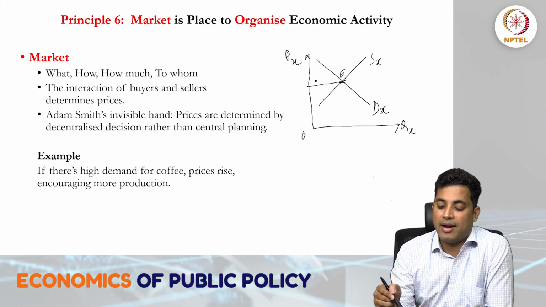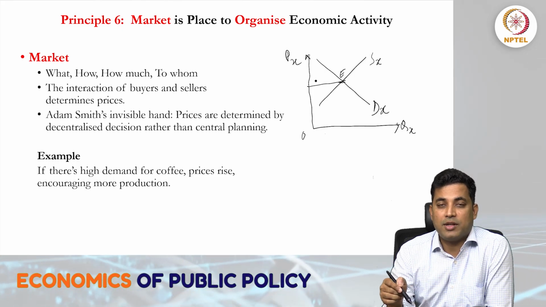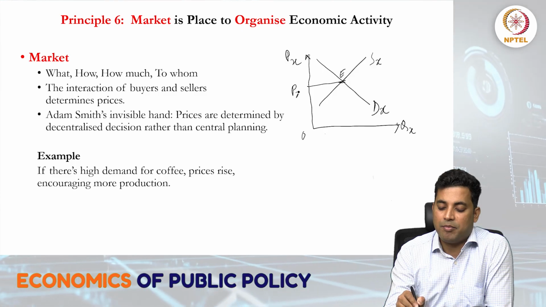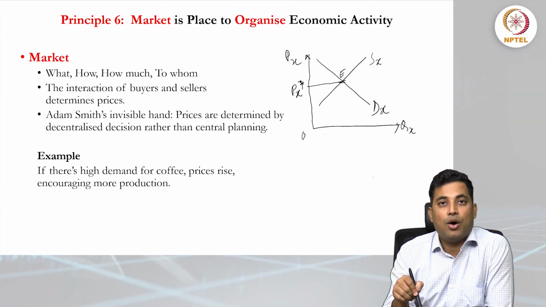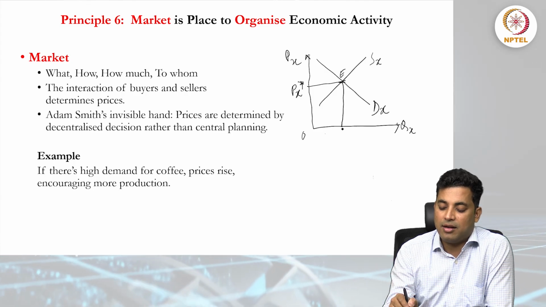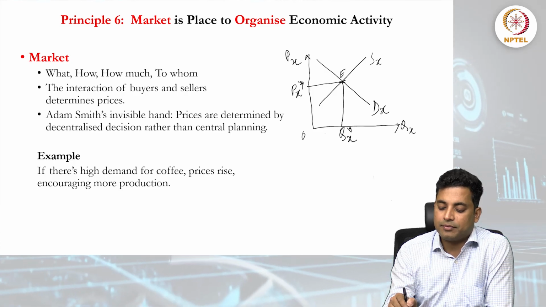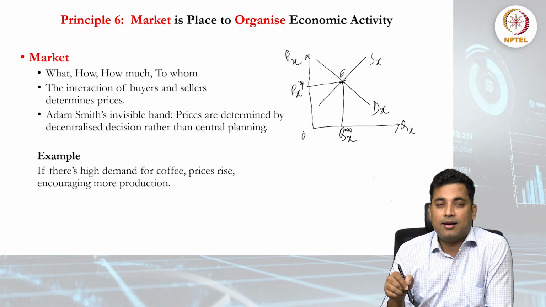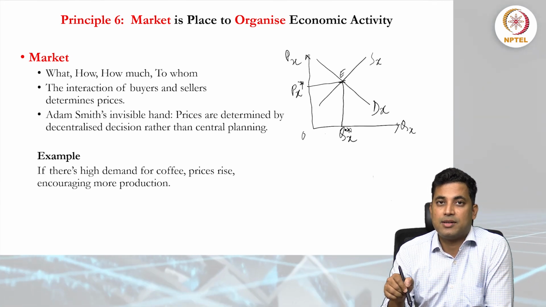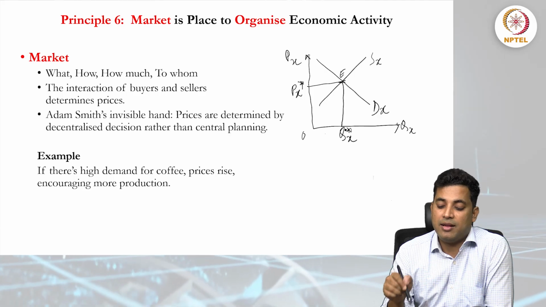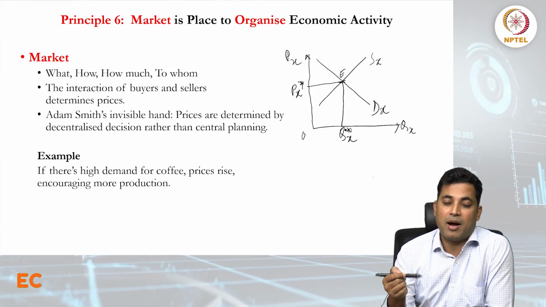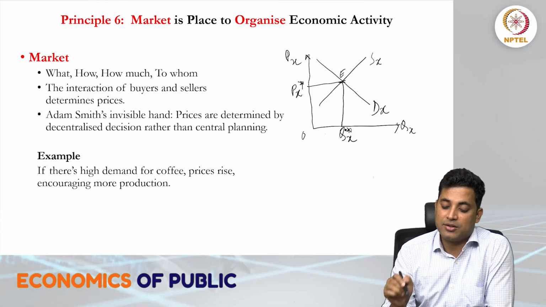Here is the price where demand and supply of that commodity x get optimized. Say Px star is the optimized level of price of that commodity, and Qx star is the optimum level of quantity that, at given resources, can be produced in the market, and it will be decided by the buyer and seller in a place which is called the market.